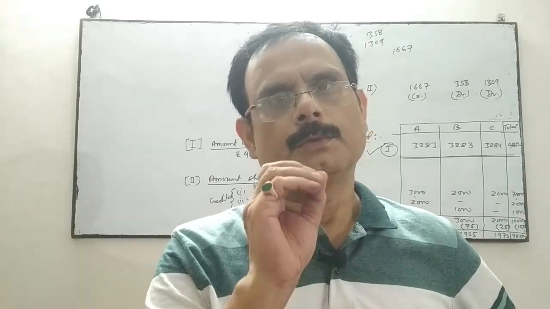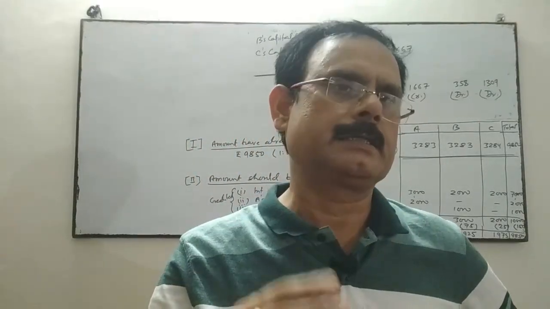And we'll do the comparison of the mistake and the right entry. If any partner has got less amount, then their capital account will be credited. In this way, we will adjust the amount between the partners. One partner's capital account will be debited, another partner's capital account will be credited.